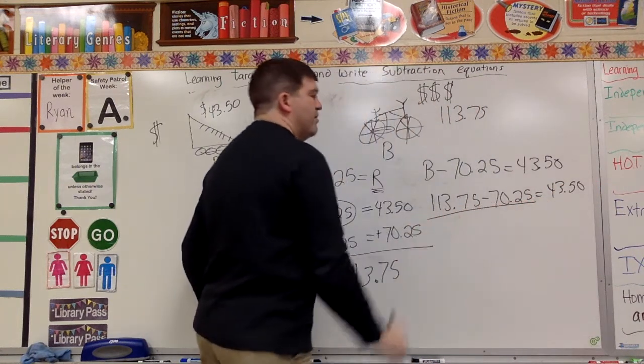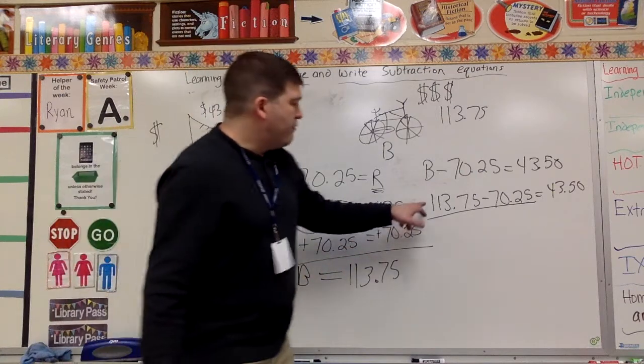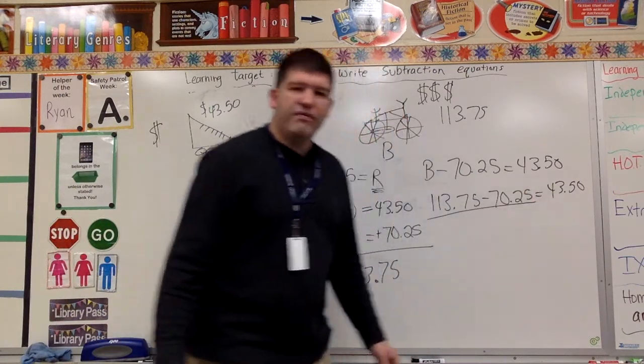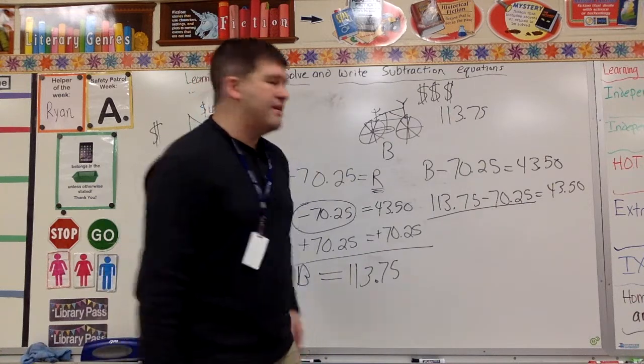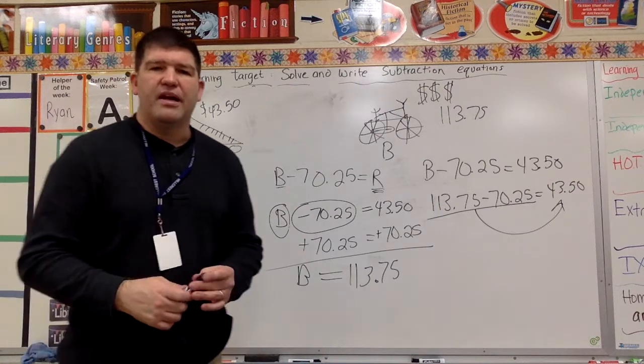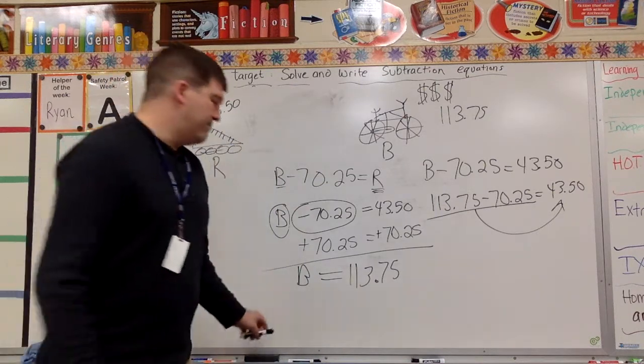You can do this on paper. You can also do it on a calculator. If 113.75 minus 70.25 equals 43.50, which I know it does, then I have a true statement and I have solved the word problem.